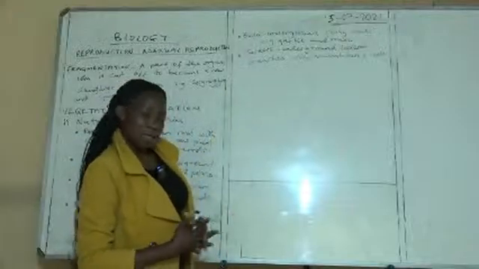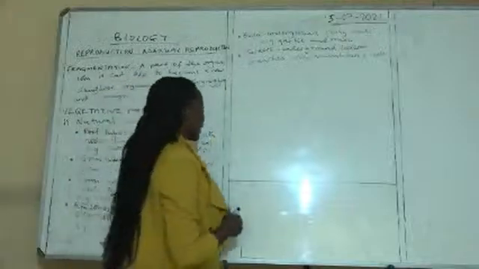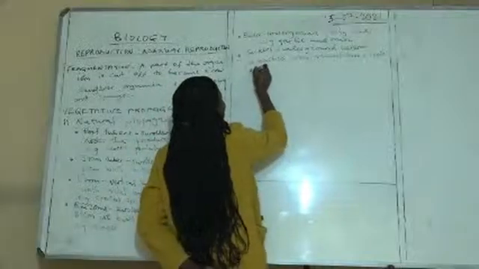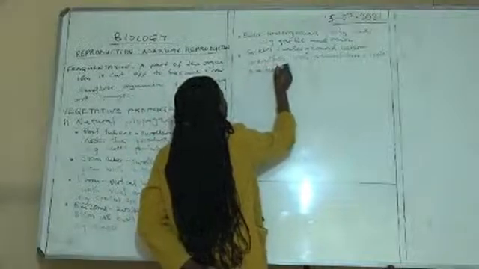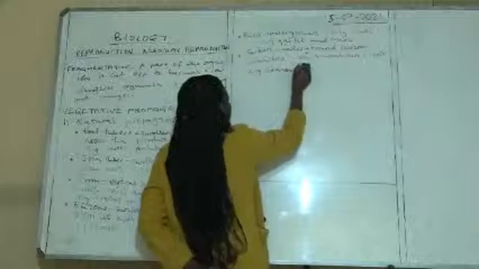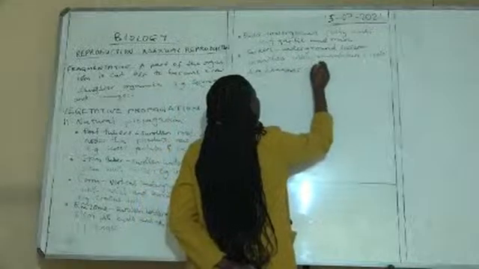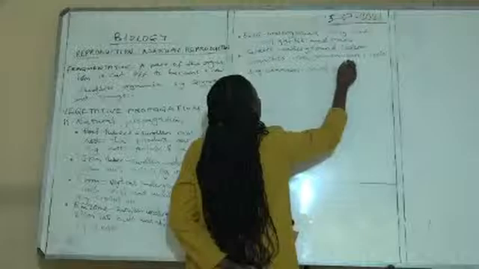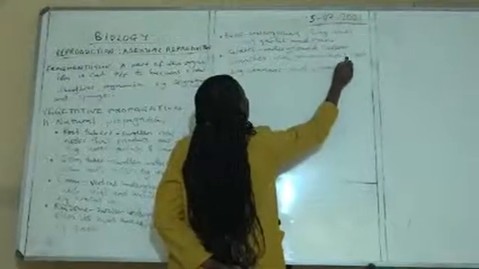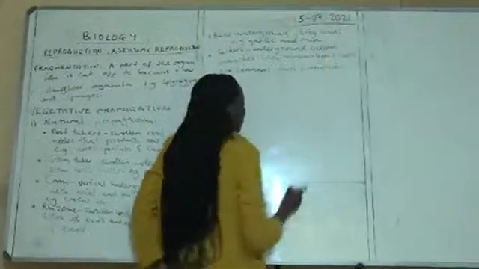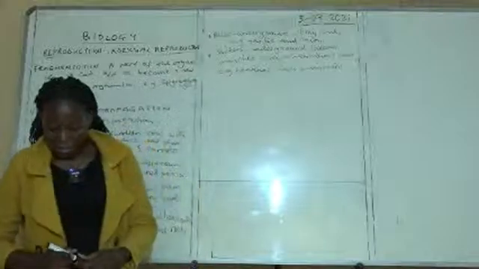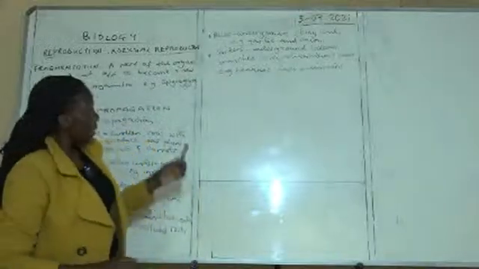Examples of suckers are bananas and plantain.